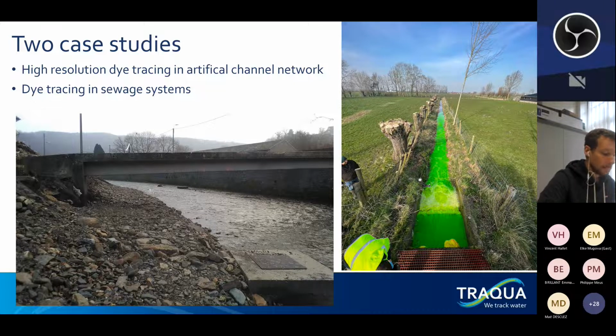First of all, this is a high resolution dye tracing in an artificial network in the north of Belgium, and then an example of dye tracing in a sewage system, just to better emphasize the challenge related to dye tracing in sewage systems. And both of those studies were done with the TRAQUA stream fluorometer, since we developed and built this tool a few years ago now.